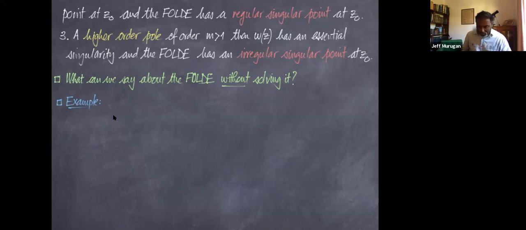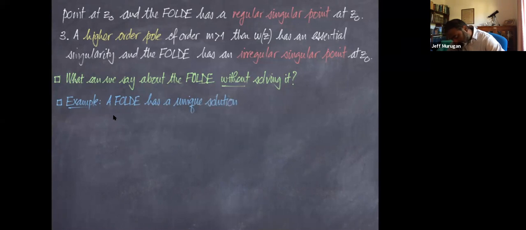If you're deeply into your complex analysis, you can prove this, but it's not necessary for our purposes. The point I want to make here is that the solution is unique. So a first order linear DE has a unique solution up to a multiplicative constant.